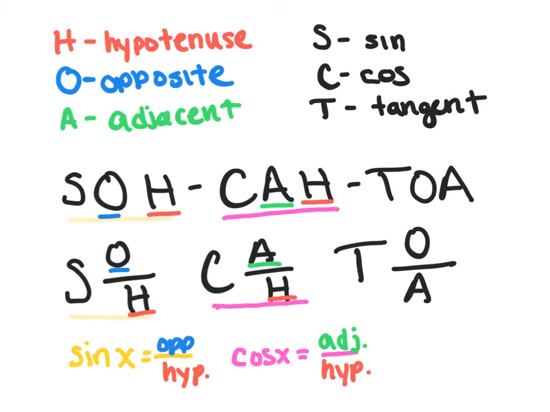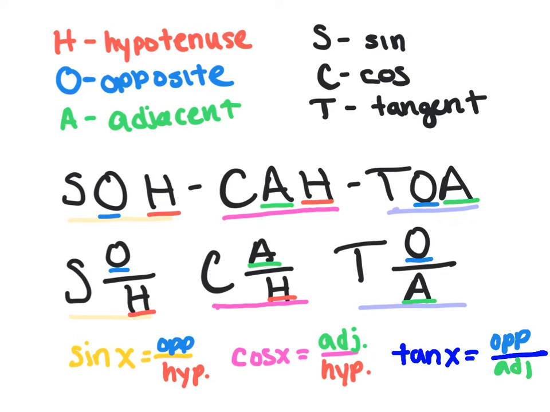And our last one for tangent tells us that it would be tangent of x equals the opposite on the top, so it's opposite over the A, or the adjacent on the bottom.